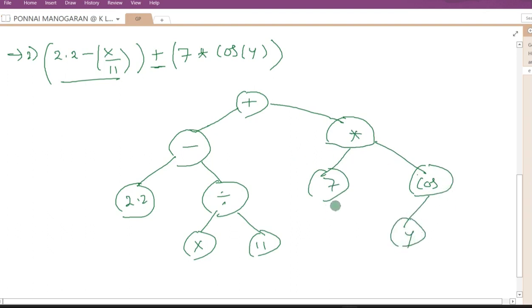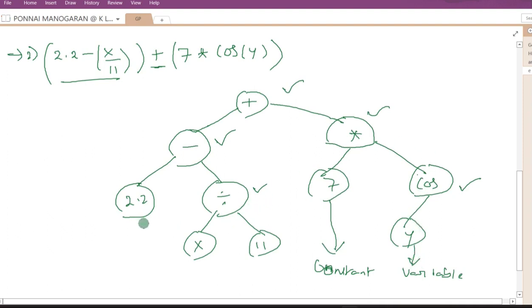If you observe this, all the leaf nodes are either variables or constants. This is some constant value. This is your variable. You need to understand that all internal nodes are mathematical operators like plus, multiplication, minus, division, and some trigonometric functions, that means mathematical functions only.